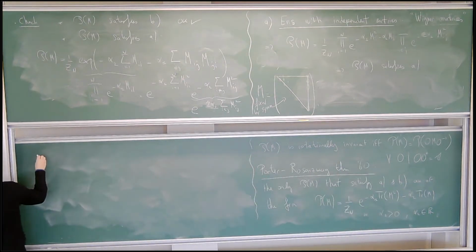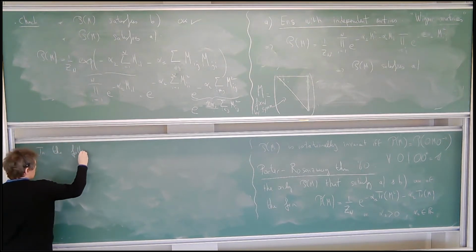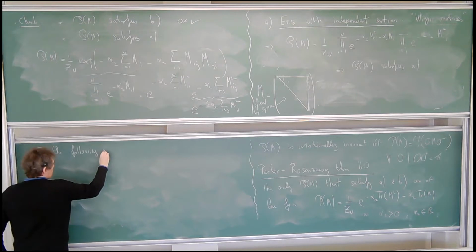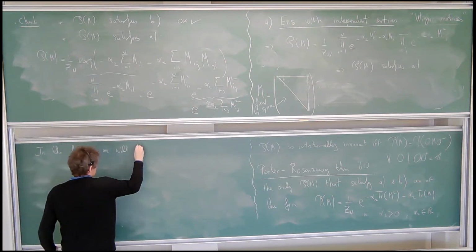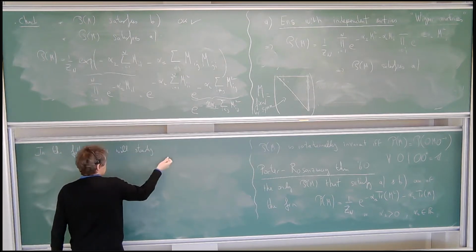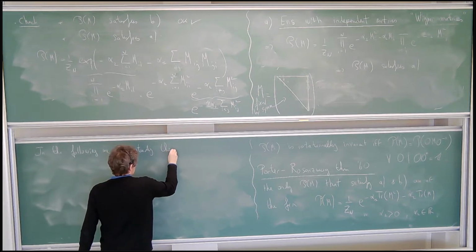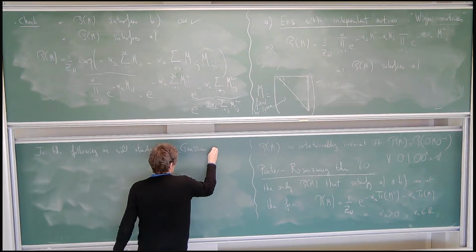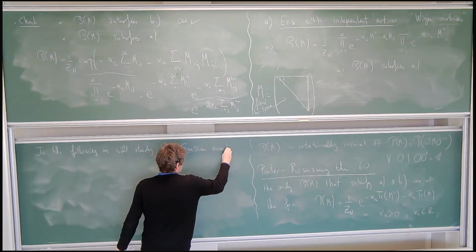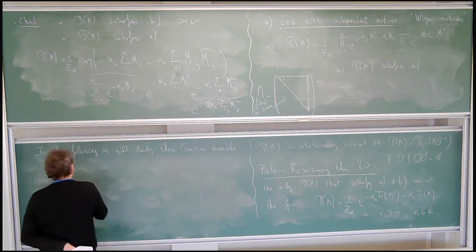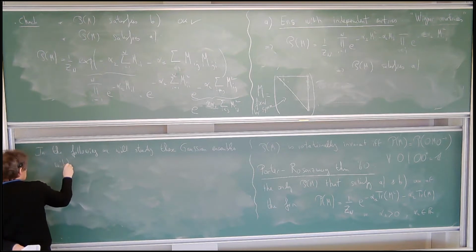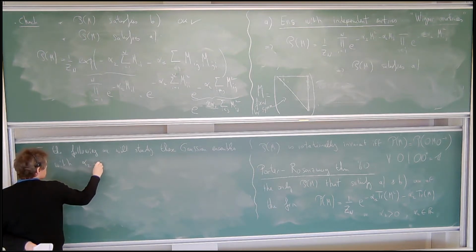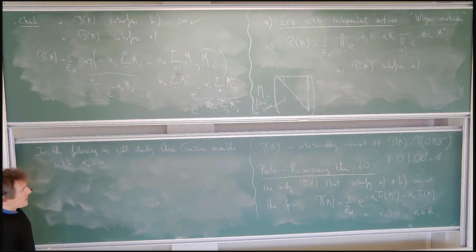So in the following, we will study this Gaussian ensemble, and in fact, on top of that, I will set alpha 2 equal to 0.